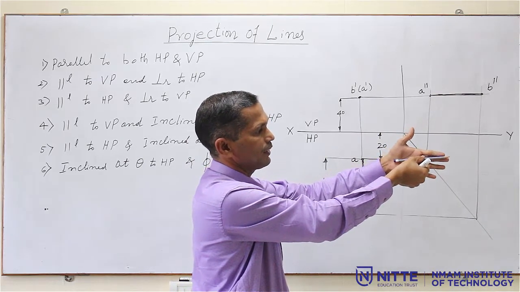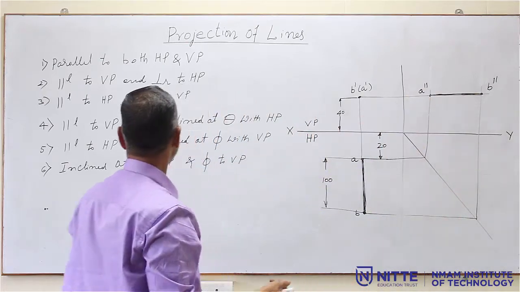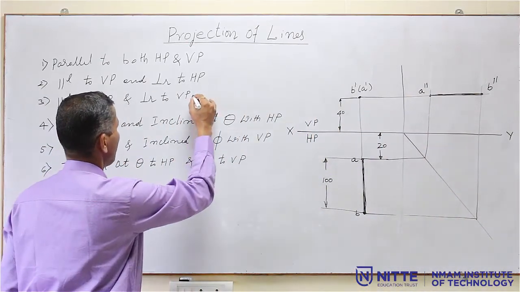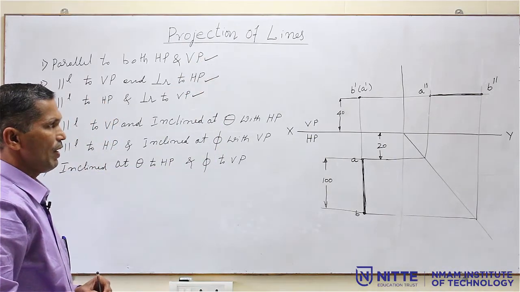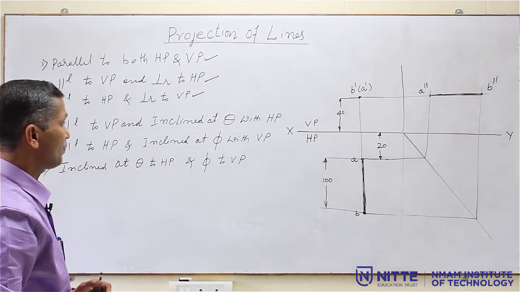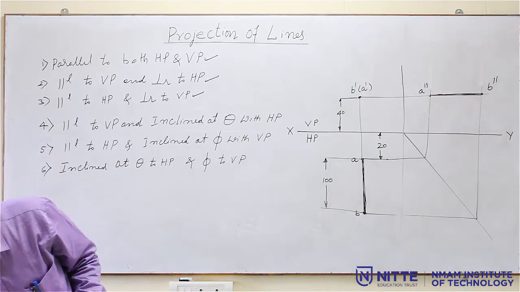So, it will be like this, you can see the profile view. Same thing we have observed here. So, these are the first three cases we have solved, where the line is parallel to one of the planes and perpendicular to the other.